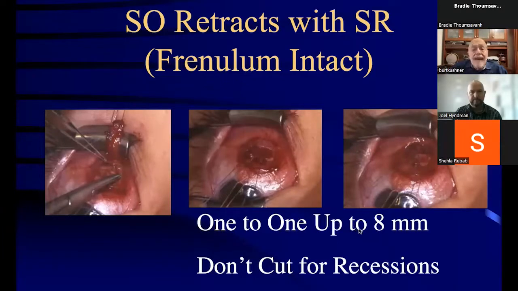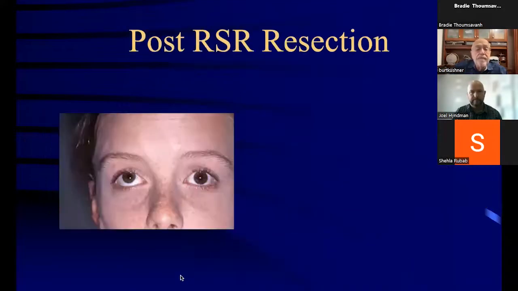And beyond that, if we don't sever the frenulum between the superior oblique and the superior rectus, the superior oblique will keep the superior rectus from going back further. So if I'm doing a superior rectus recession, I don't cut or sever the frenulum unless for some reason I'm doing a very large superior rectus recession, larger than 8.